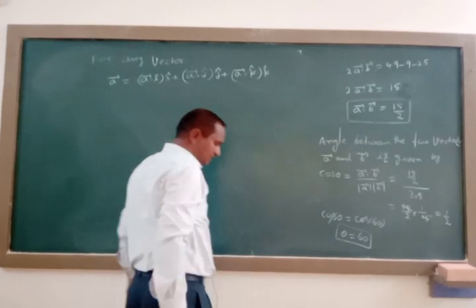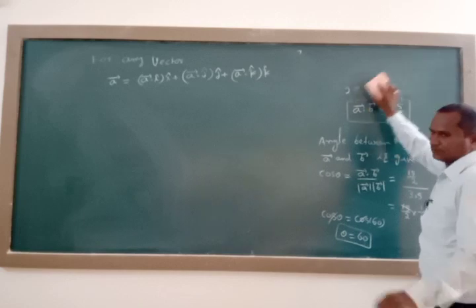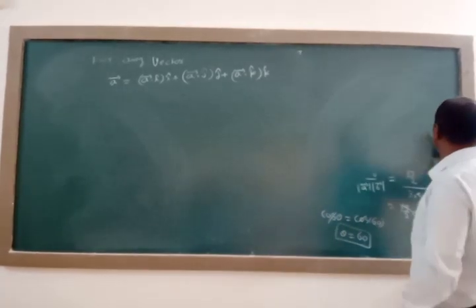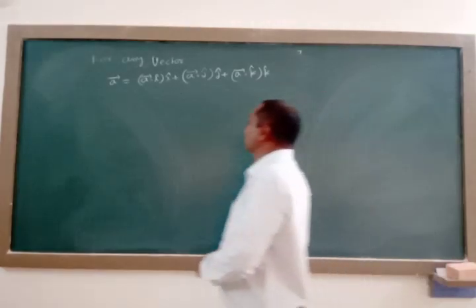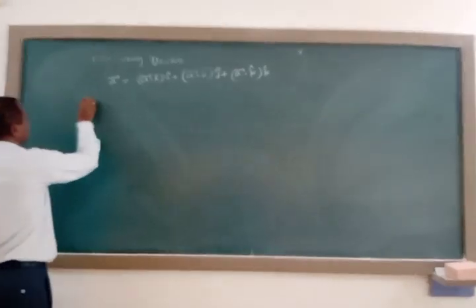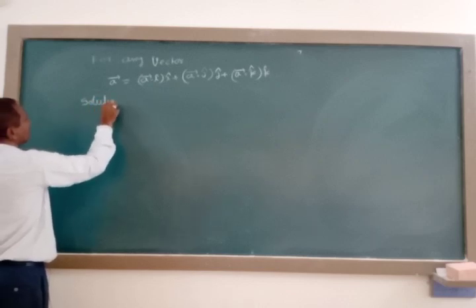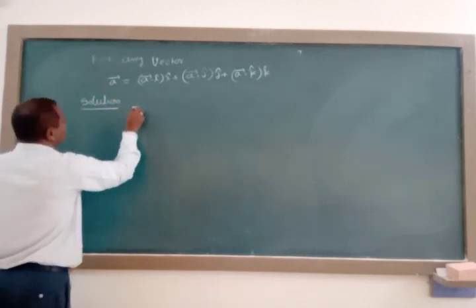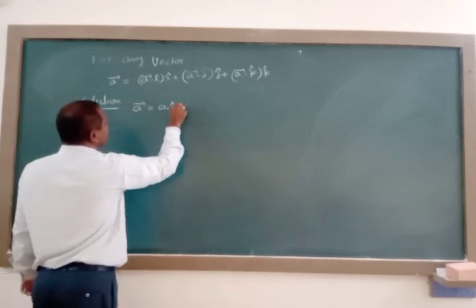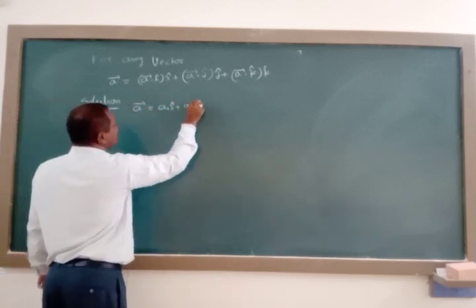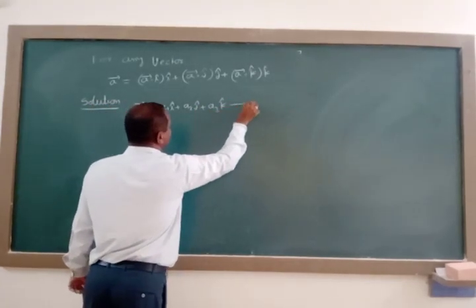Like that you have to apply this solution here. Right. Last question, the proof of the solution is, let a bar is equal to a1 i cap plus a2 j cap plus a3 k cap. You consider like this. This is equation number 1.